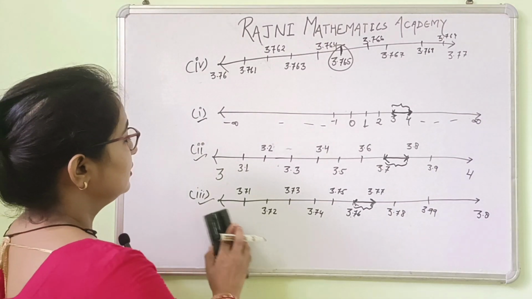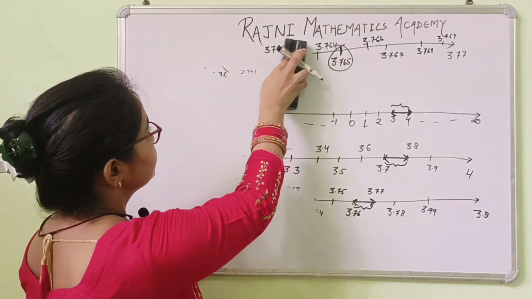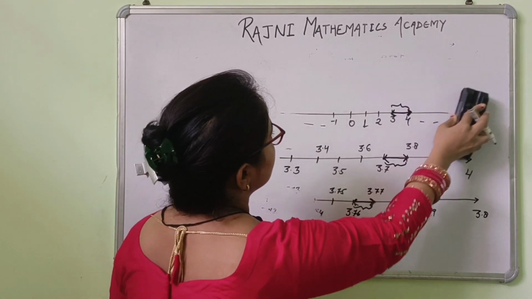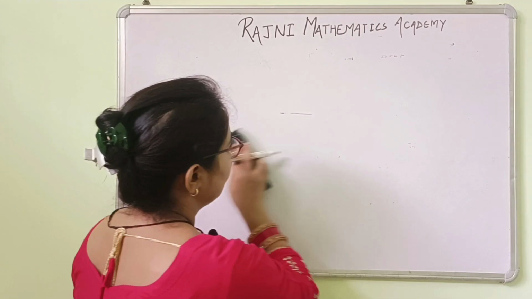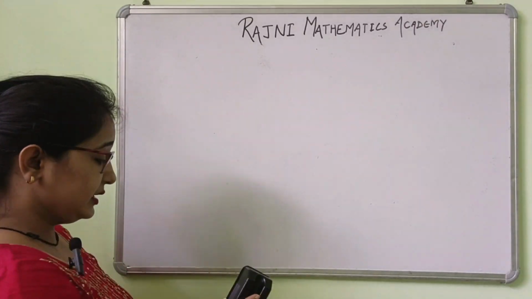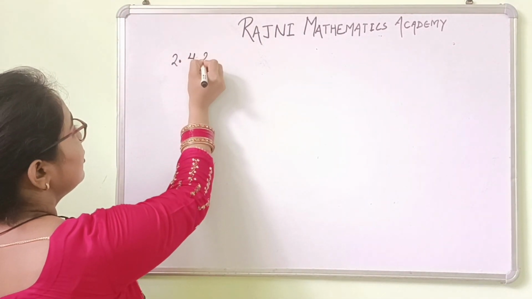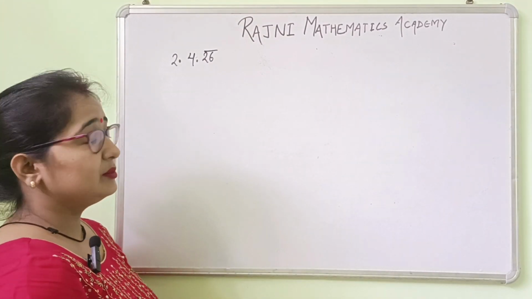So now we move to the second question. In the second question, we have to represent this number on the number line up to 4 decimal places.